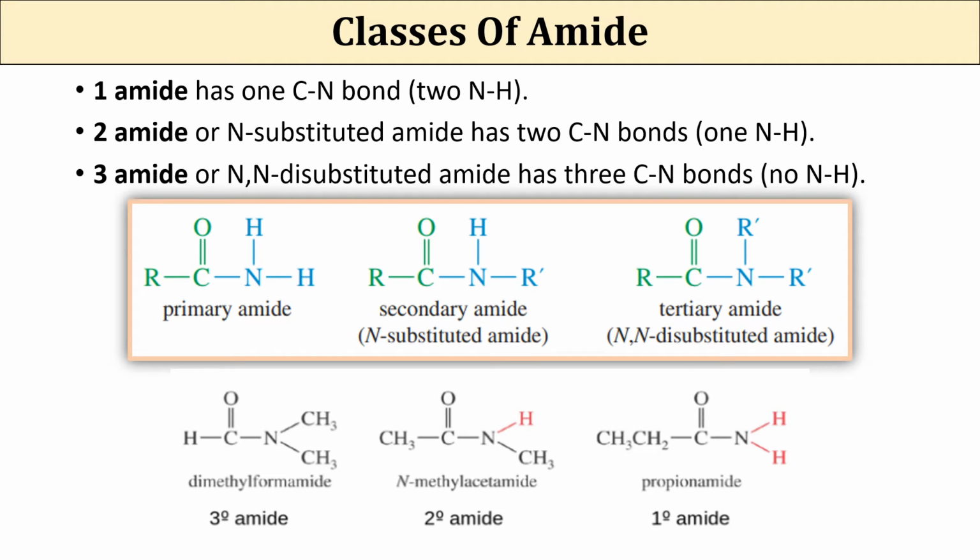A third degree or tertiary amide, also known as an N,N-disubstituted amide, has three carbon-nitrogen bonds and no nitrogen-hydrogen bond. An example of a primary amide is propionamide, a secondary amide is N-methylacetamide, and a tertiary amide example is dimethylformamide.